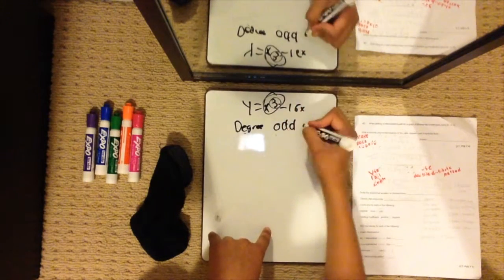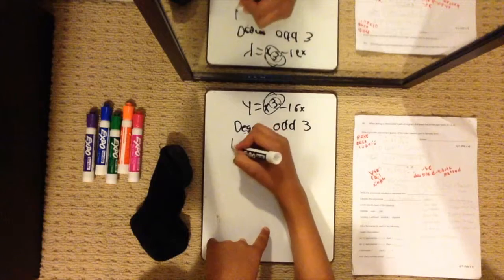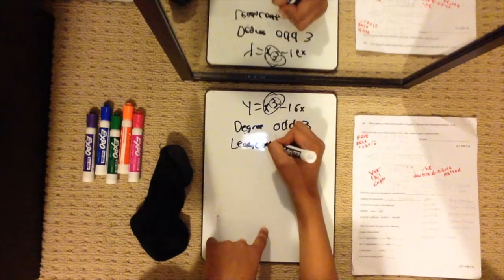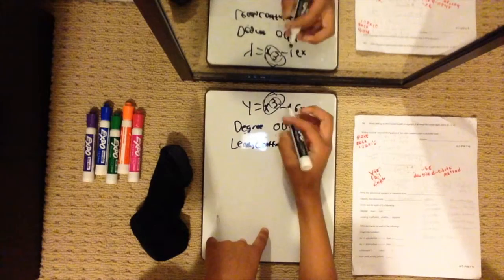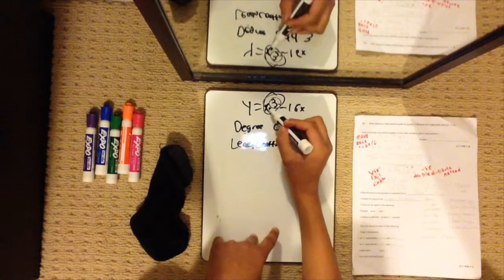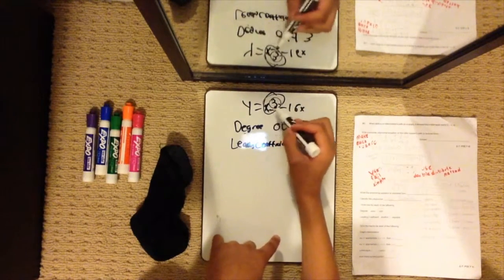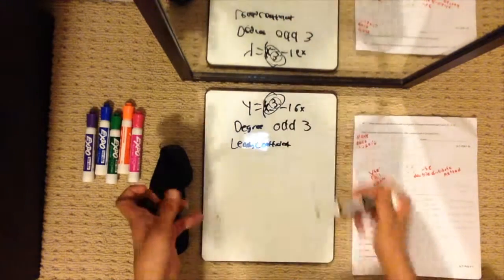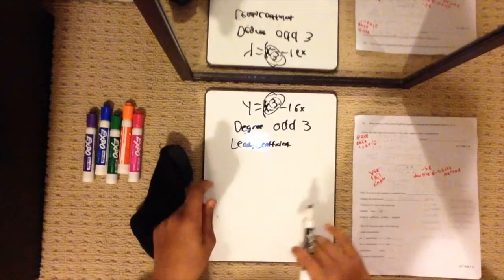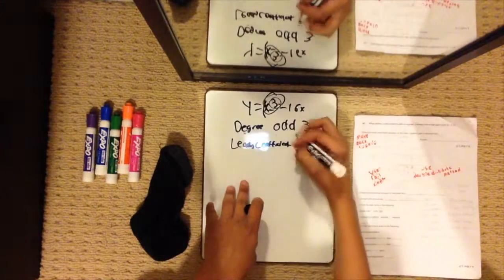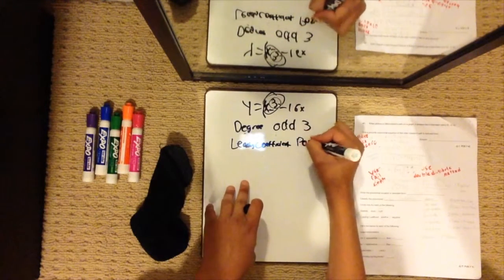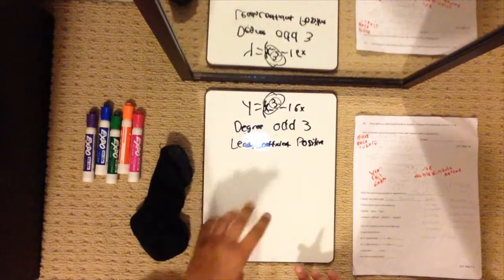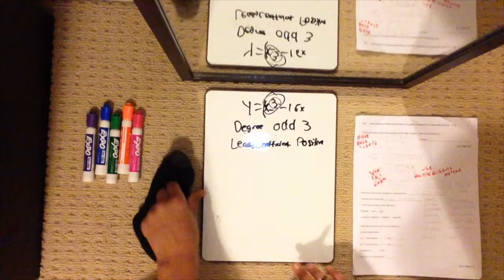So we have an odd degree of 3, and then the leading coefficient is the number next to the x of the degree, which is basically 1 here, which makes it positive. So the leading coefficient is positive because it's not negative. 1 is positive. So that's how you find out your degree and leading coefficient.